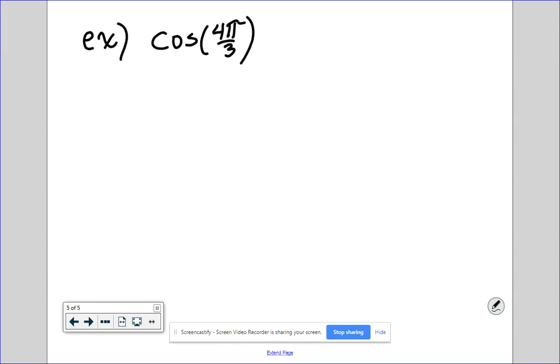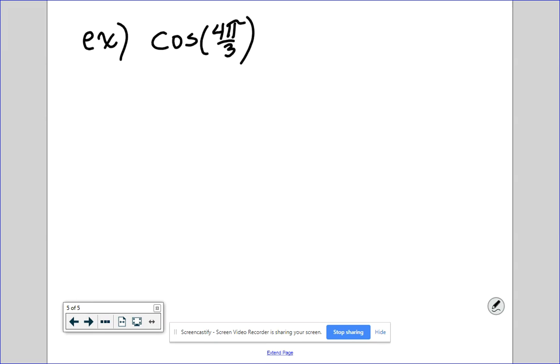Cosine of 4 pi over 3. So it only wants the cosine value. Cosine is the x value. Remember, it goes alphabetical, cosine, sine.